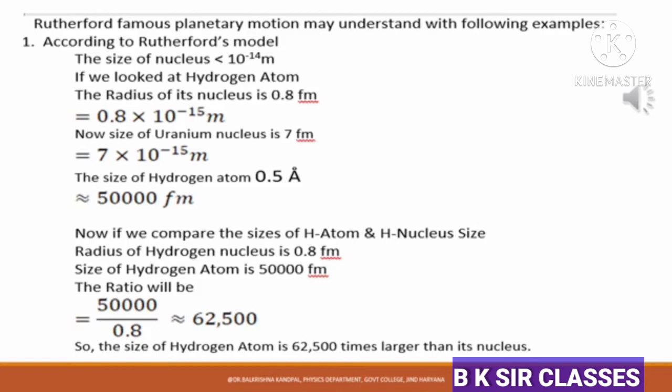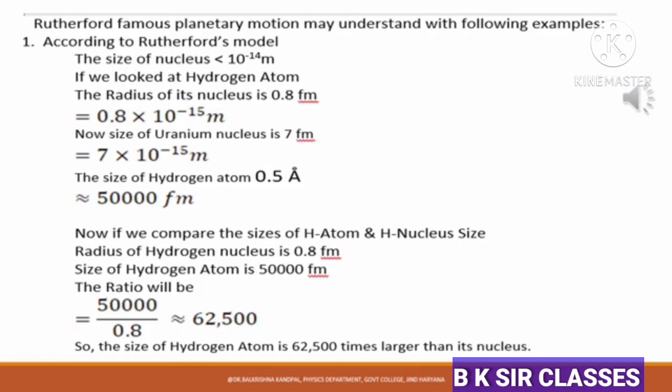Now the size of the uranium nucleus is 7 femtometer, that may be written as 7 into 10 to the power minus 15 meter. Similarly, if we compare this with the size of the hydrogen atom, that is 0.5 angstrom, and it can be converted to approximately 50,000 femtometer.